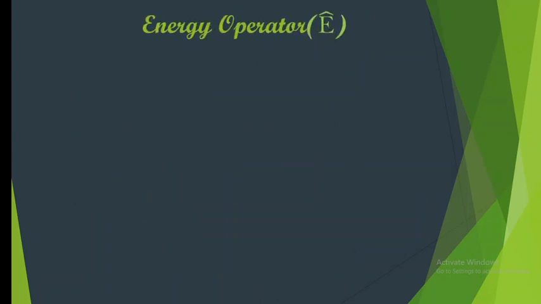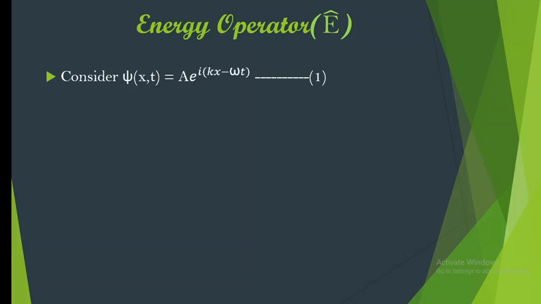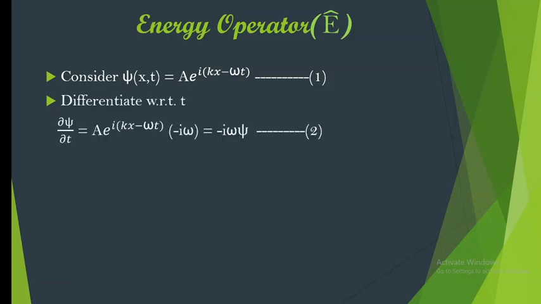Next, let us move on to another type of operator, which is the energy operator. Here again we are considering the plane wave equation, but the difference is that we are differentiating it with respect to time.